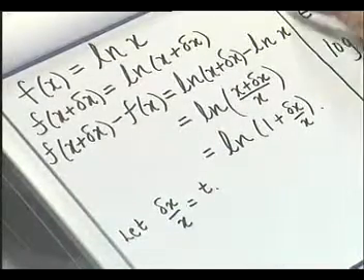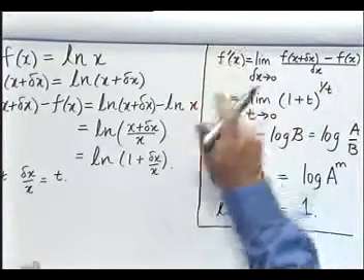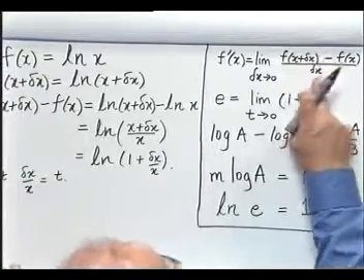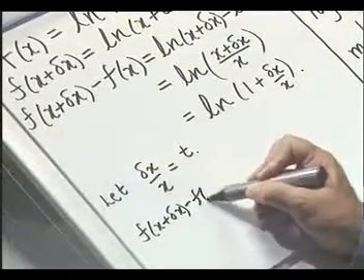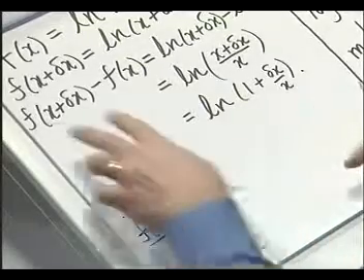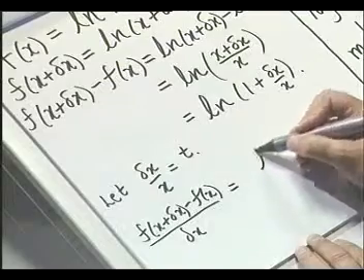We're still going to use the formula for differentiation from first principles. Let's go to that. We want f dashed of x is the limit of all this quantity. Let's take this quantity and divide it by delta x. So f of x plus delta x minus f of x divided by delta x. Well, the top line is this quantity in here, the logarithm.